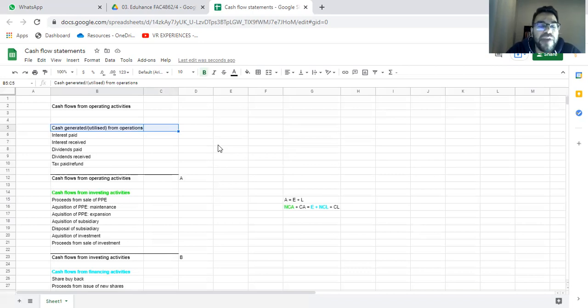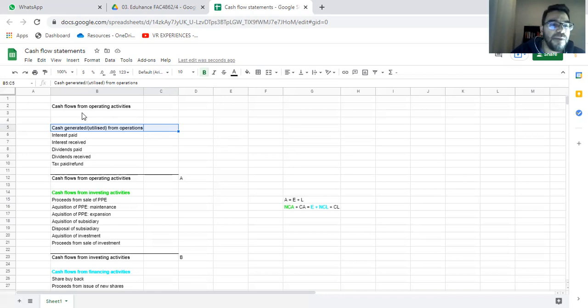However, if you prepare the cash flow statement using the indirect method, then there's no need to do the direct method. So when you do the direct method, you must do the indirect method. The direct method is the preferred method, so most likely the question is going to ask you for the direct method, because then by default, the indirect method note disclosure is required.